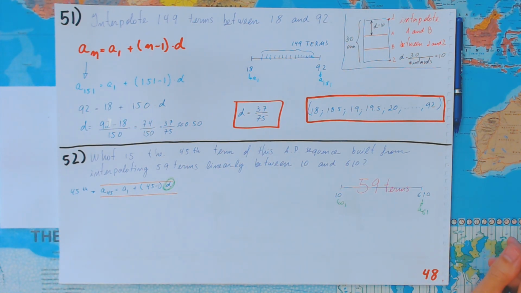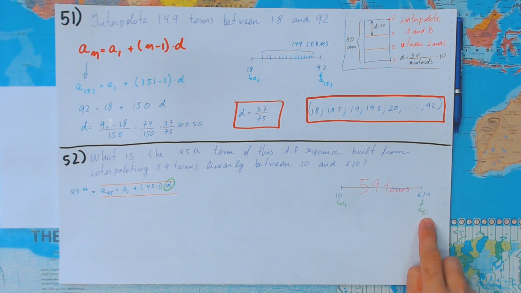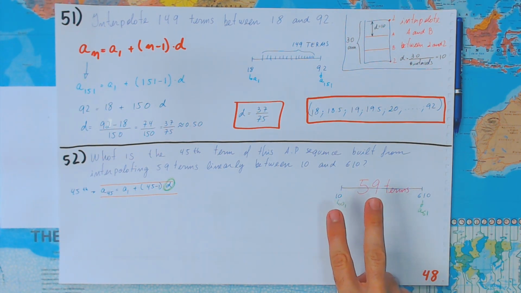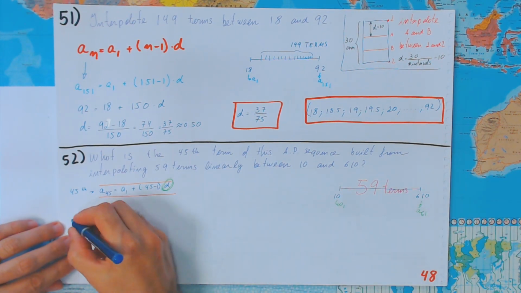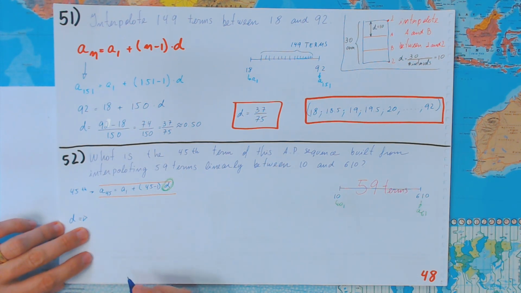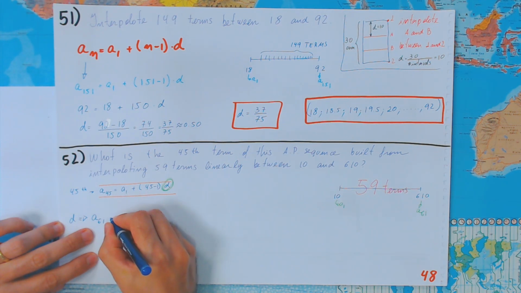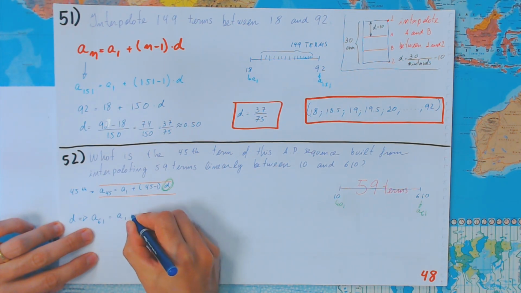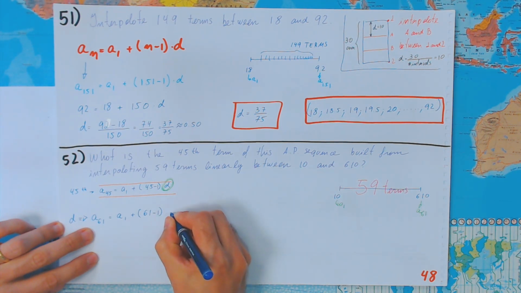So let's apply what we have. We have the first, we have the last, and we have how many terms in between. Now, let's get d. How do we get the common difference? Well, we know what a61 is. We know what a1 is. So a61 equals a1 plus 61 minus 1 times d.